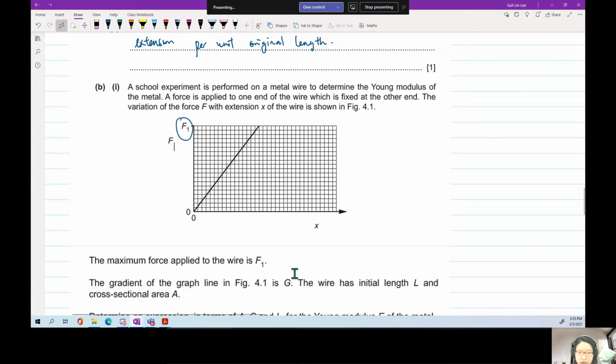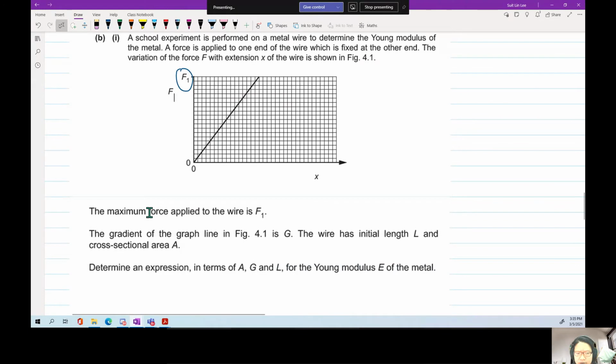The gradient of the graph in figure 4.1 is G. The wire has the initial length of L and a cross-sectional area of A. Determine an expression in terms of A, G, and L, the Young modulus E of the metal. Okay, A and L are pretty normal stuff. I'm not that worried. I'm more worried about what G is.